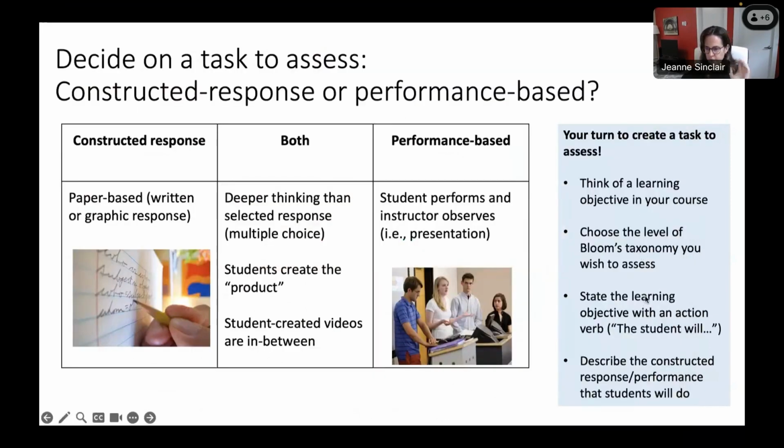You're choosing the level of Bloom's and you can state the learning objective with an action verb. So the student will analyze, the student will create, the student will synthesize, for example. And I'd also like you to describe the task that you'd like students to do.